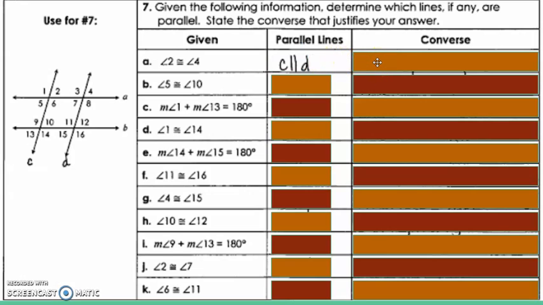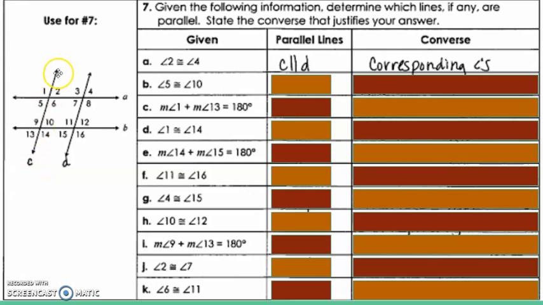The angle property that tells me this is our corresponding angles converse. Notice that converse is at the top, so we didn't have to write it in the bar, but we do want to make sure that we know that's the converse. Looking at 5 and 10, 5 and 10 deal with line C, line A, and line B. We didn't use line D at all.